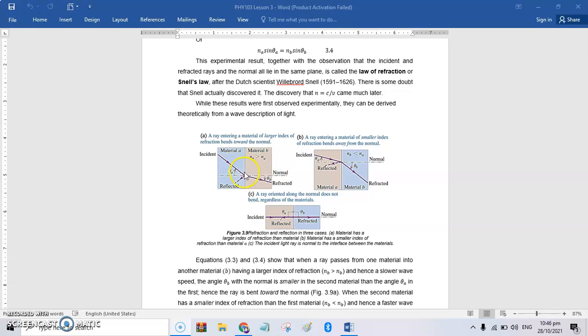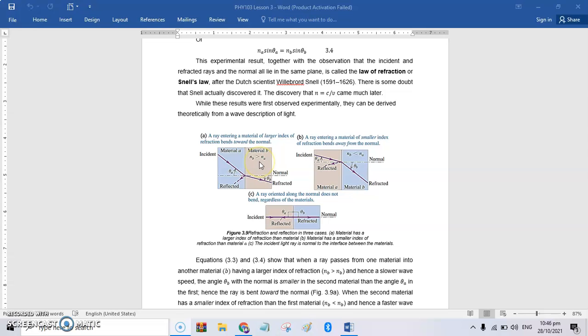So, kung napapansin nyo, pag malaki yung index of refraction ni B, ang kaibahan niya dito is, maliit naman si B, napansin nyo yung kanilang incident angle ray is mas malaki kapag tumama siya sa mas malaking index of refraction material.